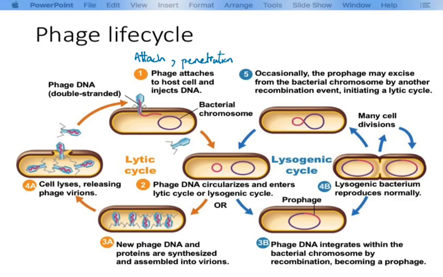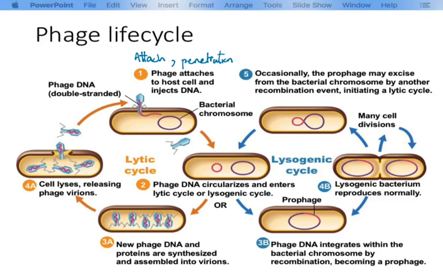And then the next step, what we find is those phage genomes typically will circularize. They usually have sequences at the end that allow that genome to circularize, so that this is like a mini plasmid or a mini genome inside the bacterial genome.